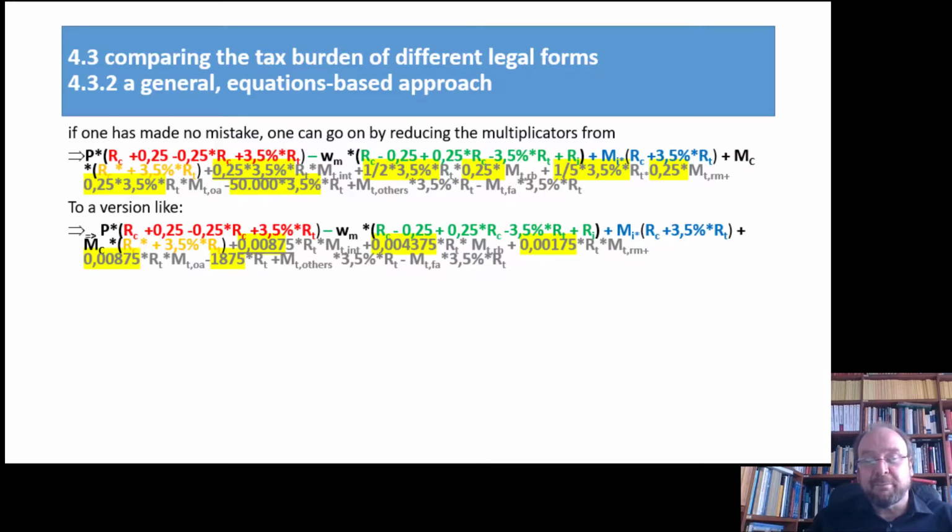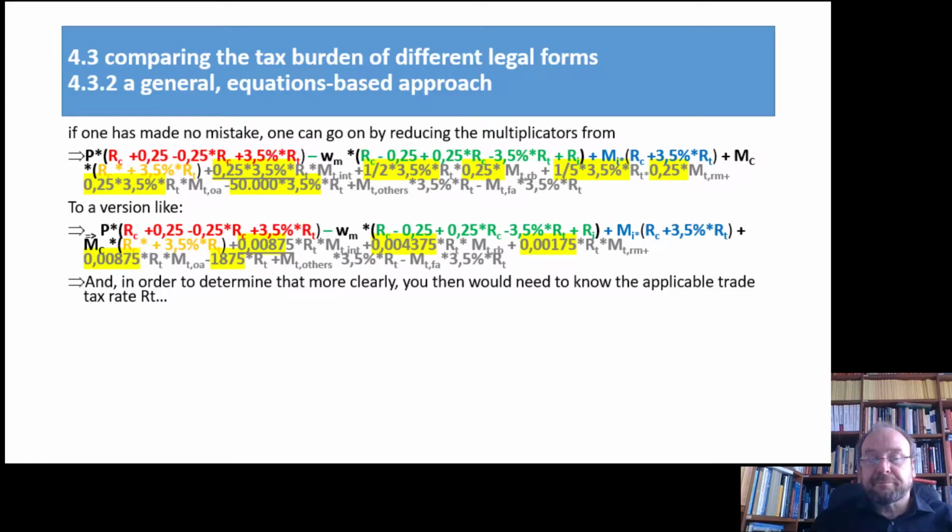You can replace that by 0.04375, or you can replace 25 times 3.5 times RT times the interest payments by 0.00875 times RT times modifications for interest payments.